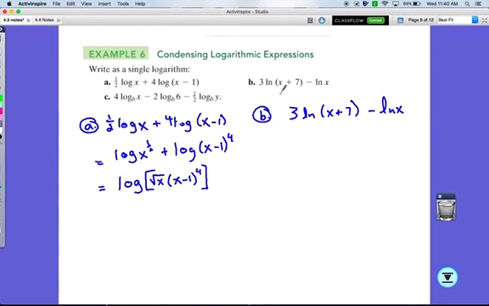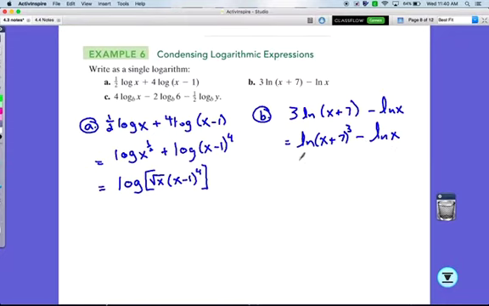All right, when you're doing these problems, if there's numbers in front, you want to bring those up first. So this becomes the natural log of x plus 7 to the 3rd power. The 3 comes up as a power. And then minus natural log of x.